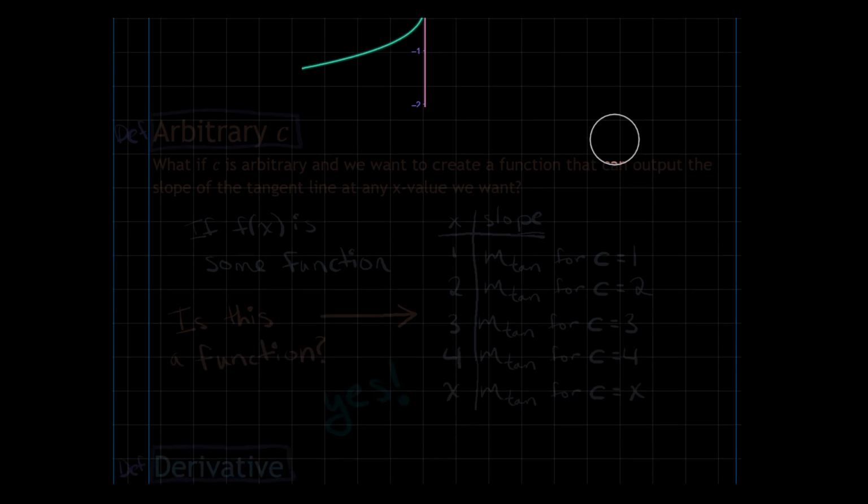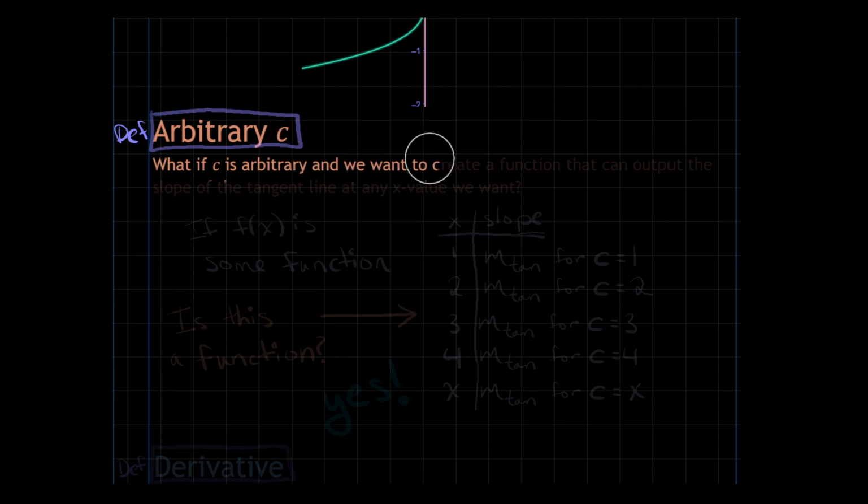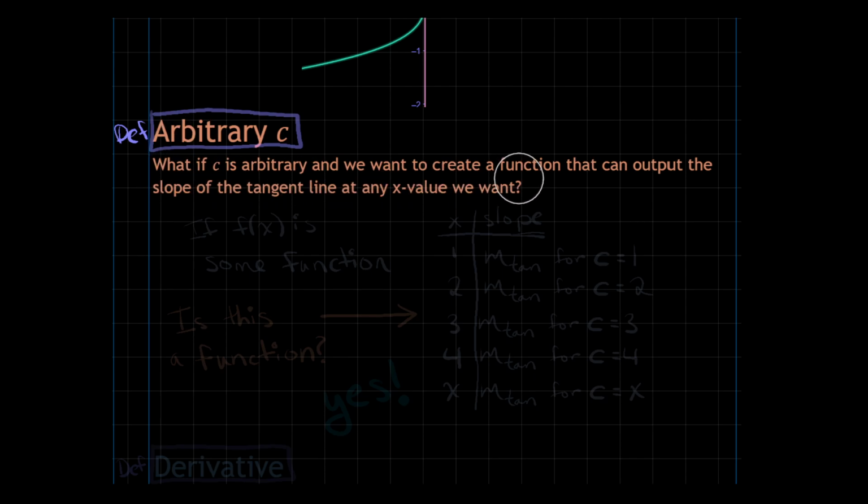Next, I want to talk about what if c is arbitrary. What if I want to set it up so that I could do this for any c that I wanted? Can I create a function that will output the slope of a tangent line at any x value we want? So picture f is some function.